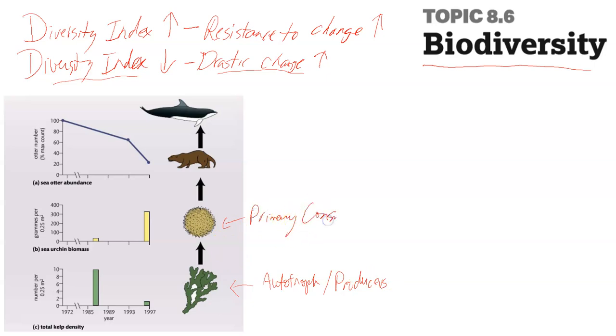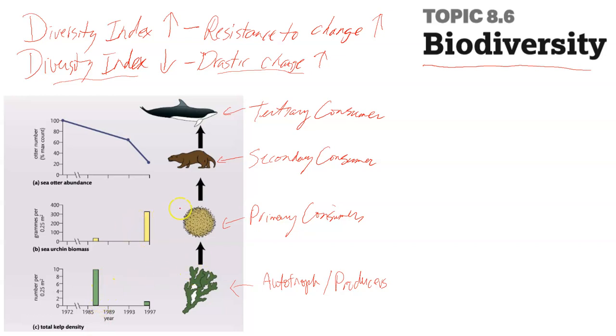And then this, of course, is our cute little sea otter, secondary consumer. And, of course, our orca, our killer whale up here, our tertiary consumer. Okay, so we have a little food web and some graphs to go along with it.